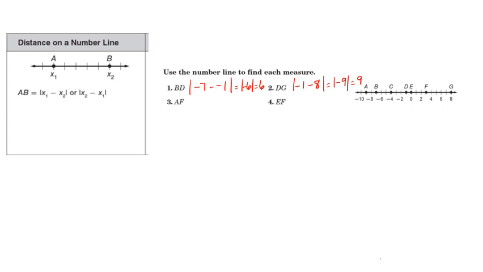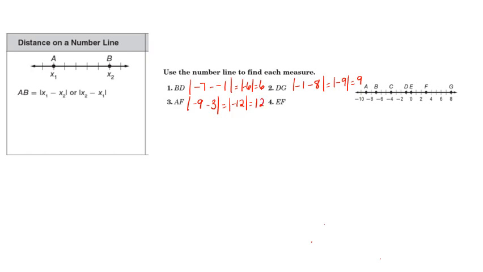A is -9, F is 1. Oh, is F 1? No, F is 3. F is 3, which is -12. So their distance is 12.